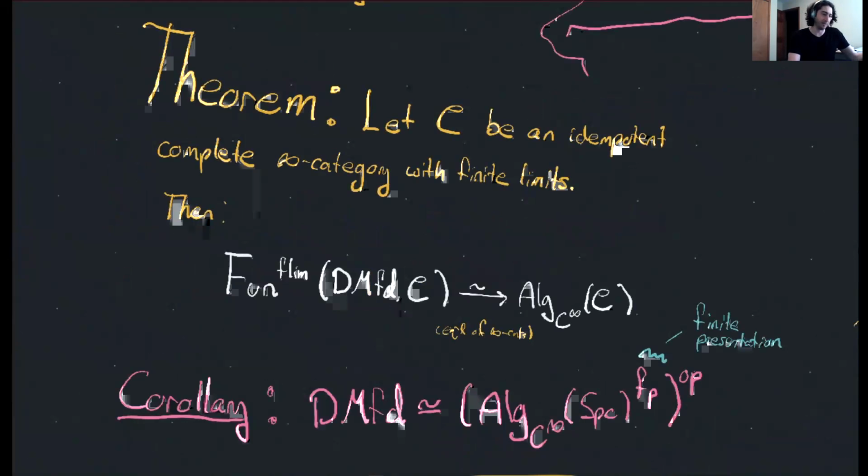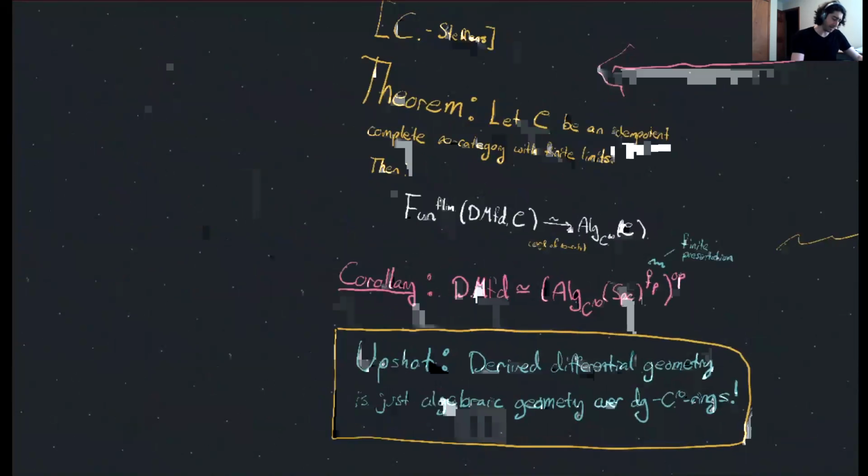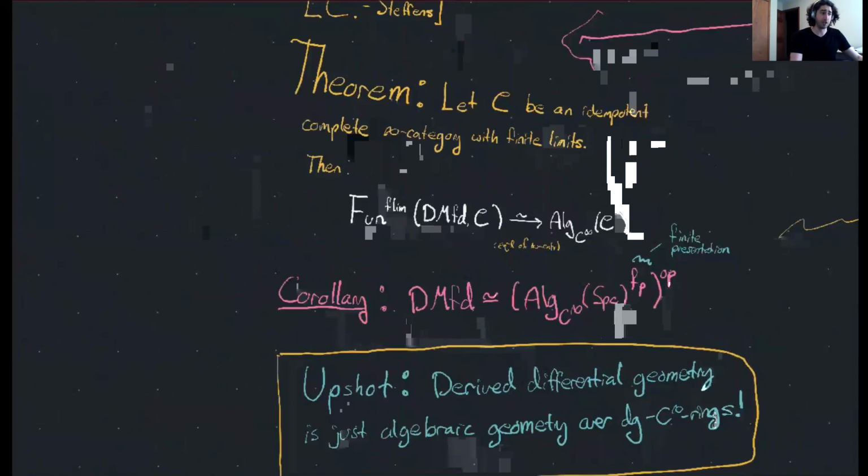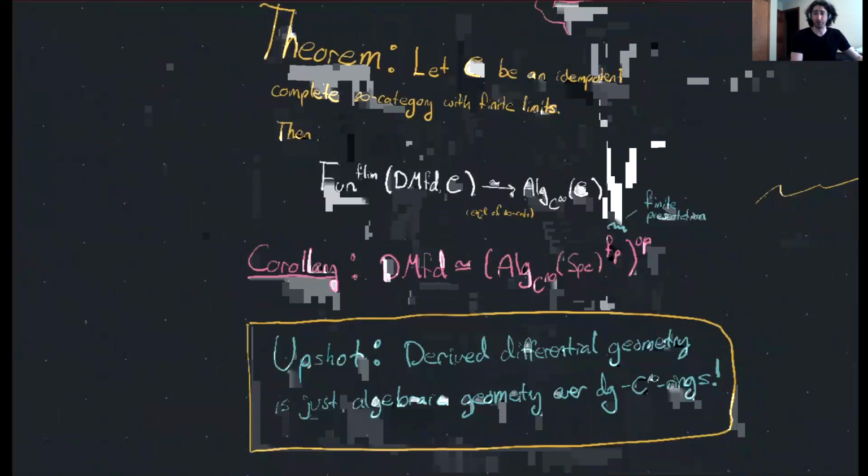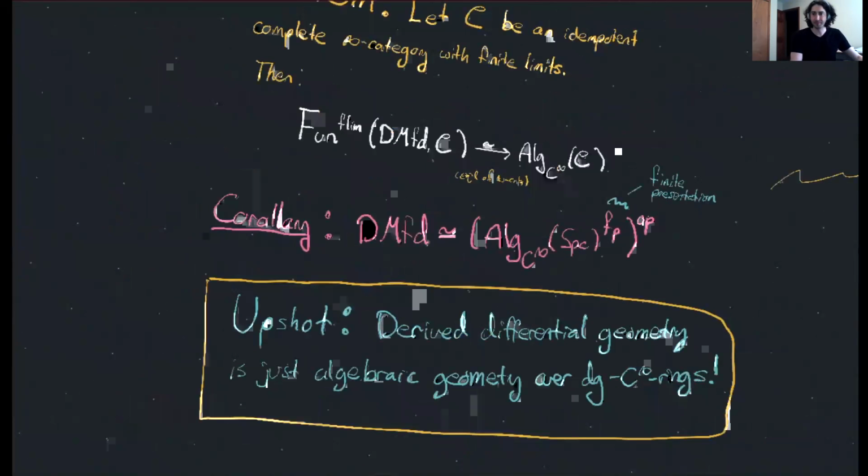That's kind of surprising, because you'd think only some small subset of these algebras would model a derived manifold, but it turns out you can get all finitely presented C-infinity rings that way. The upshot is, if you want to do derived differential geometry, you just do algebraic geometry, but over DG C-infinity rings.